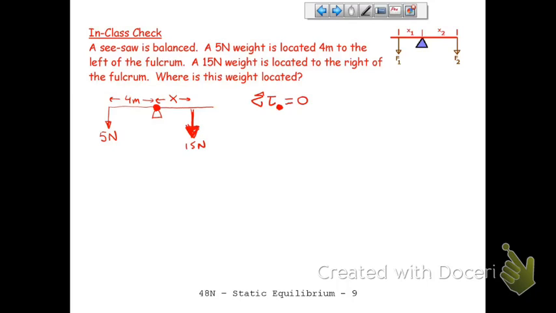So then I say, okay. So I'm going to have, let's have a look. That's going to tend to tilt me in that direction. So it's going to be 5 times 4. Now they're at 90 degrees to each other. Remember what torque is. Let's remind ourselves.